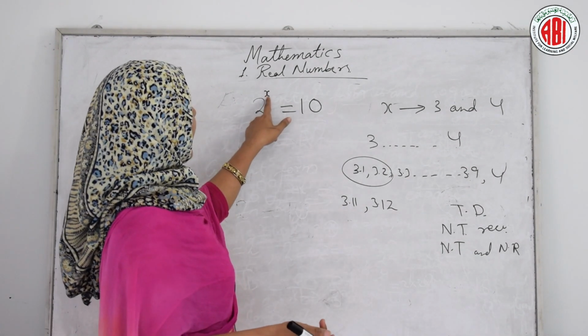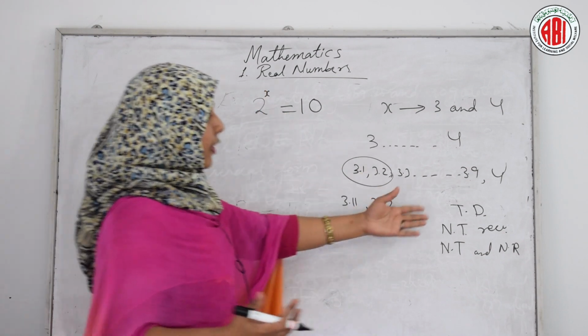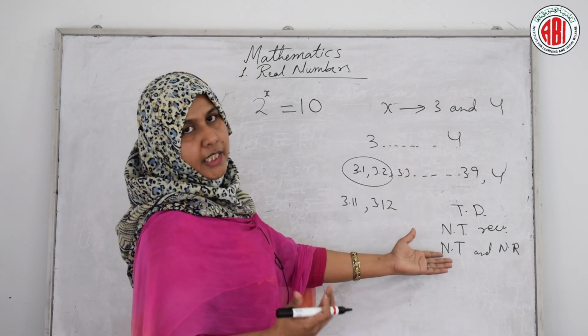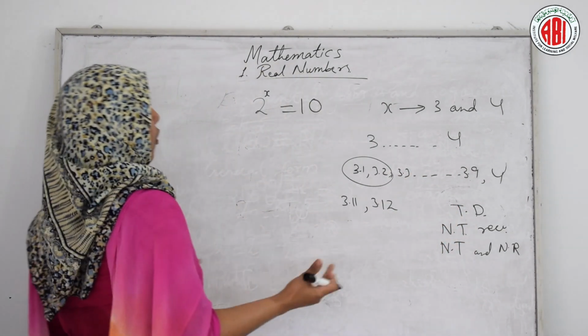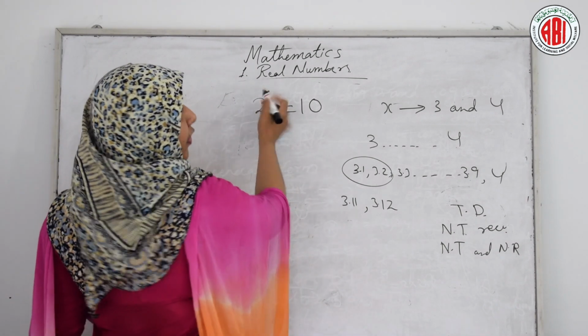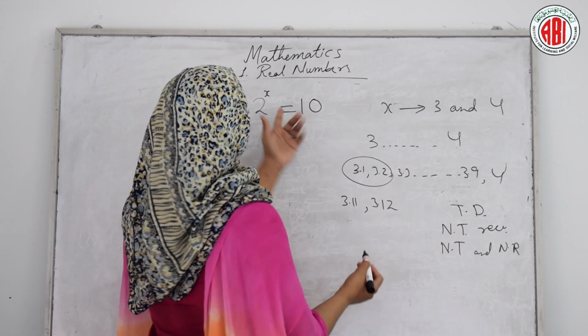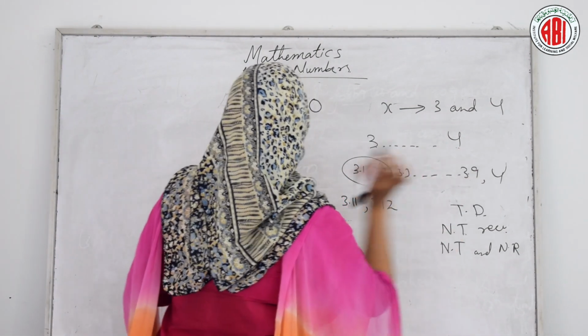So in this case the exact value of x we can't get. It can be terminating decimal, non-terminating and recurring, or non-terminating and non-recurring. So the exact value we will not get, but based on this we have understood that the value of x lies somewhere between 3 and 4 only.